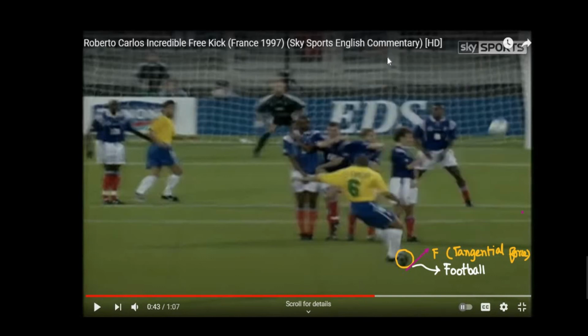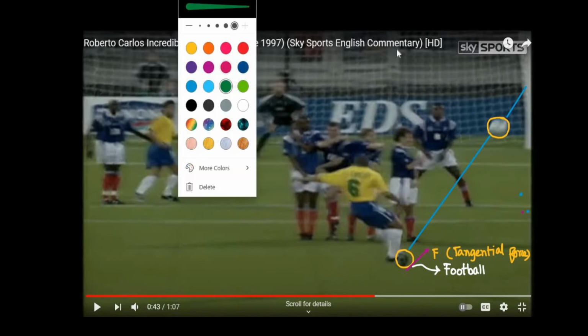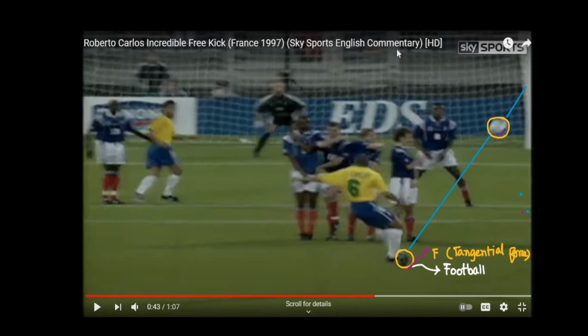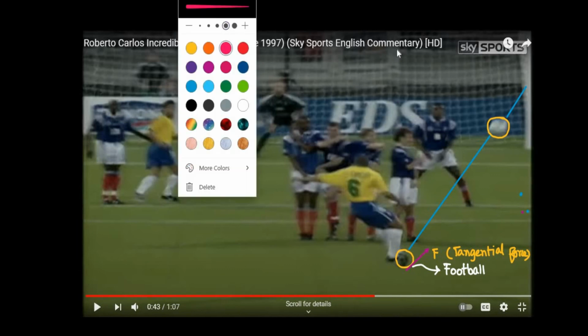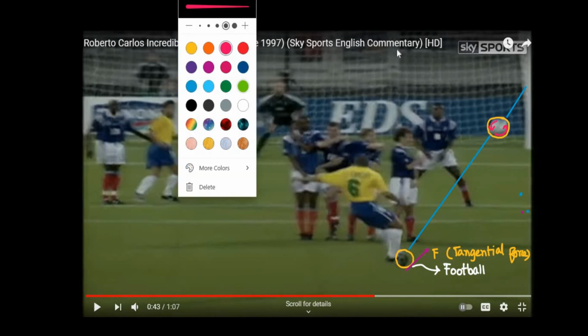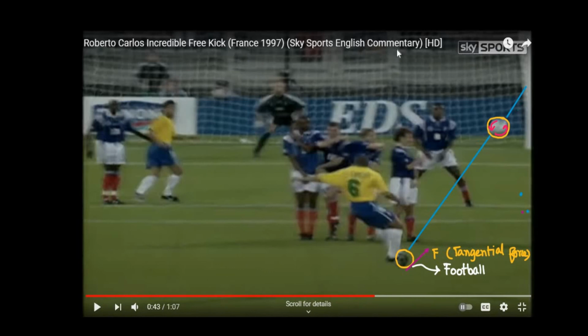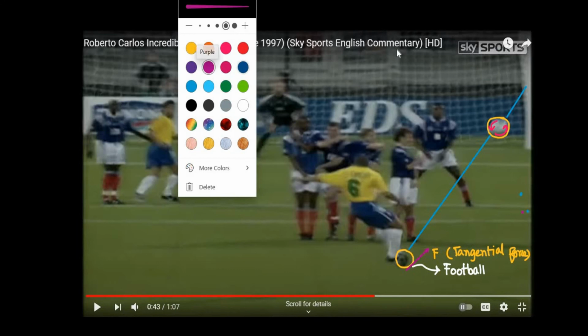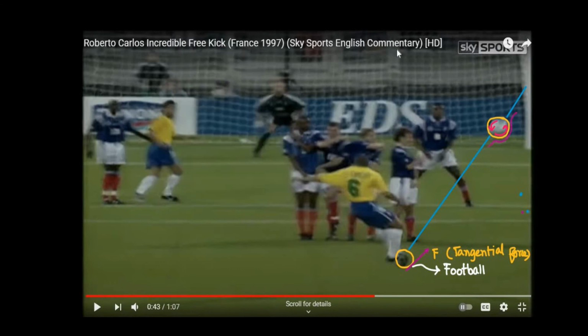A tangential force is acting, and we can denote the actual trajectory along this direction, in which the football was traveling. The ball spins anti-clockwise due to application of tangential force. The football spins about its own axis in the anti-clockwise direction, and air is flowing in the backward direction.